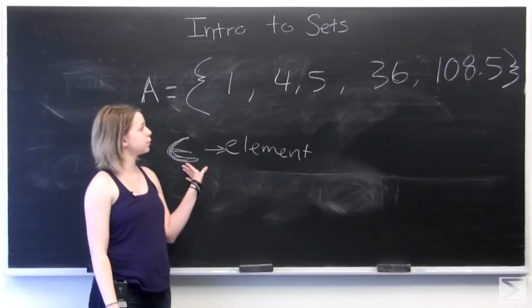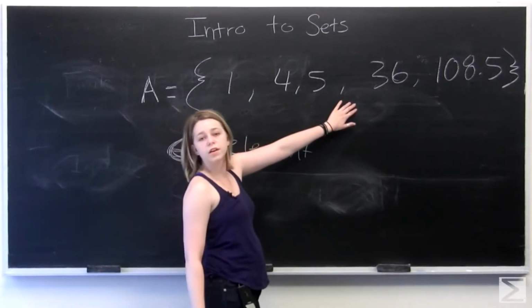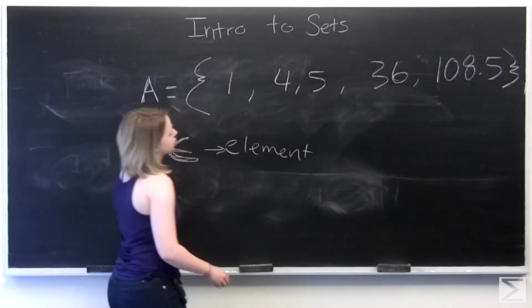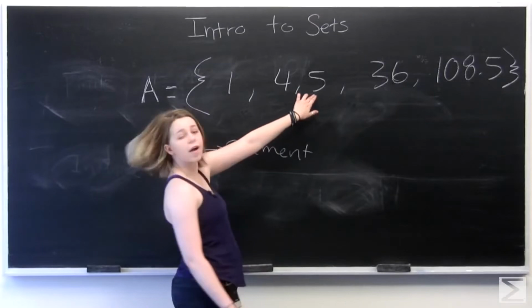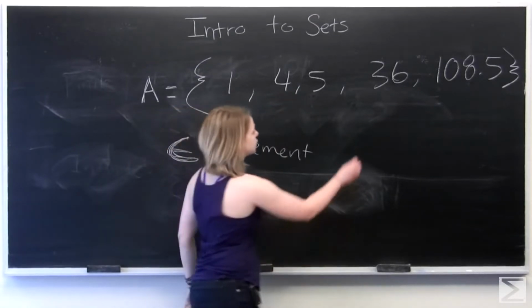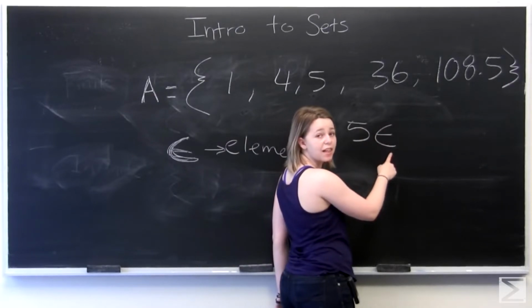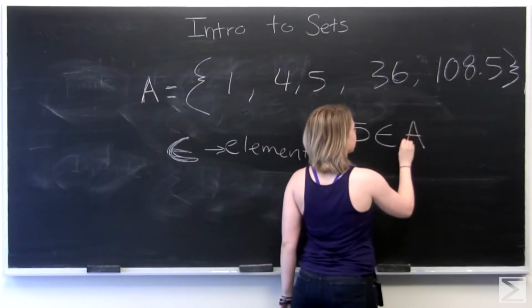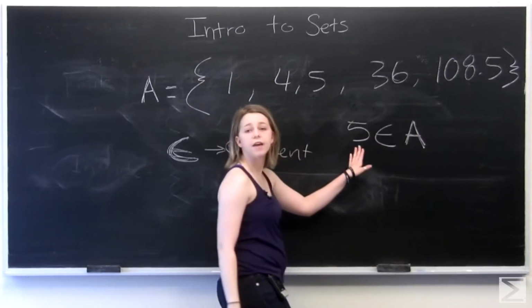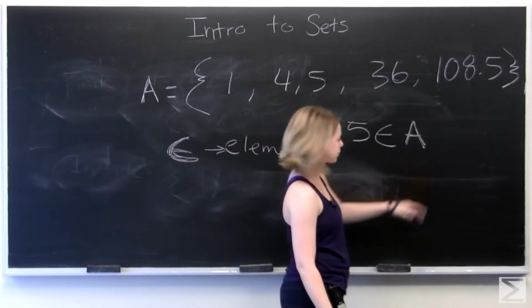We use this symbol when we're describing one of the terms in a set. So for example, the number 5 is in the set A. So we've got 5 is an element within set A. The number 5 is an element of A.